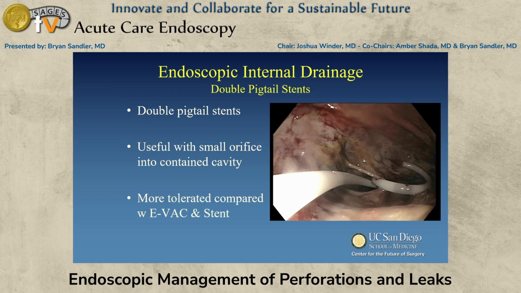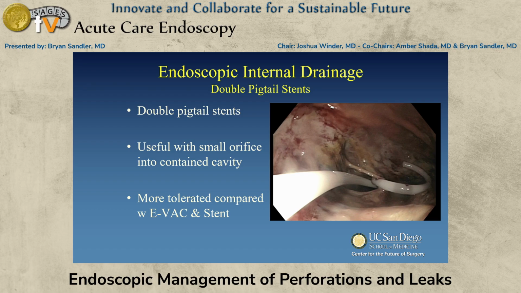So endoscopic internal drainage, the double pigtail stents. I like this in patients who have a small orifice into a contained cavity. So with a small opening, you're converting your drainage, so you have an IR drain sometimes, and placing the double pigtail stents.